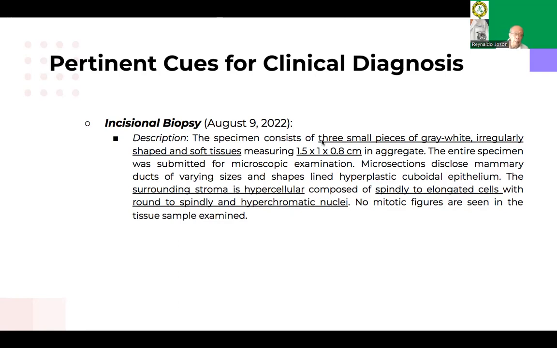So after your clinical diagnosis, the next question is, do you need paraclinical? Your paraclinical could be ultrasound, mammo, or MRI, which you mentioned. Which one will you choose?